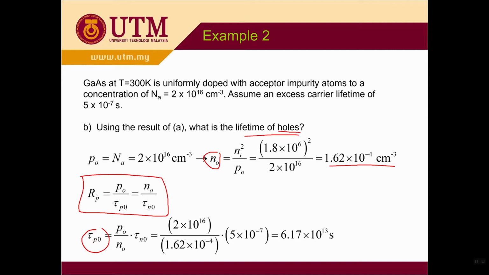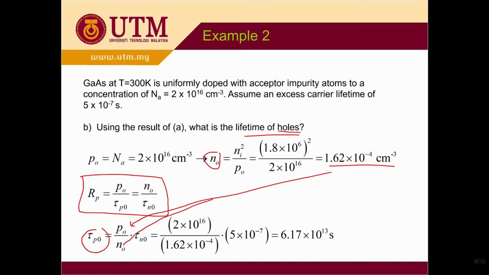This R here is NO divided by TNO. This one inverse, you get this, you plug it in. PO is the one that you get on top. NO, sorry, let me check here.